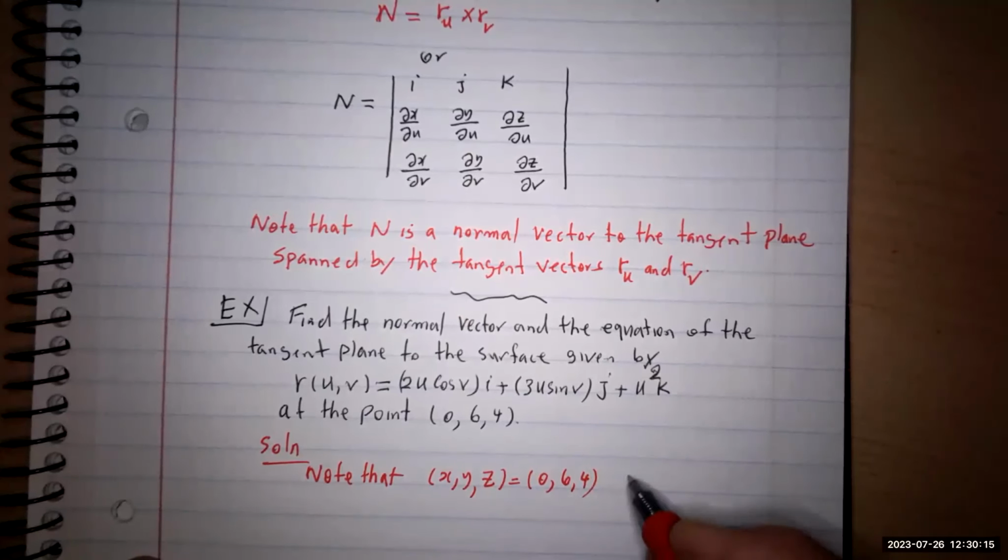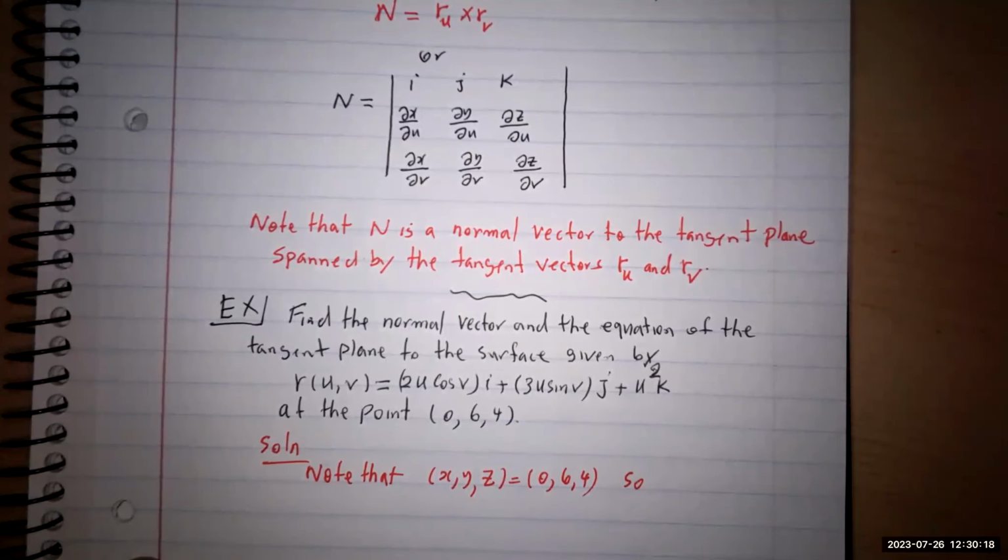If you compare it with the components given to you, your x is 2u cosine v, your y is 3u sine v, and the z is u squared. So put them together to guess what the u and the v are. That gives you x equal to 0.